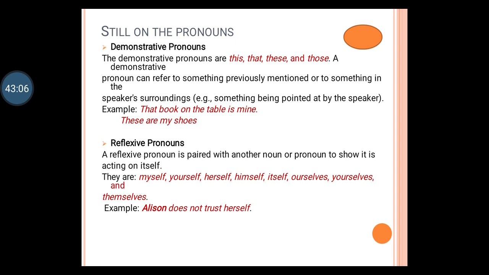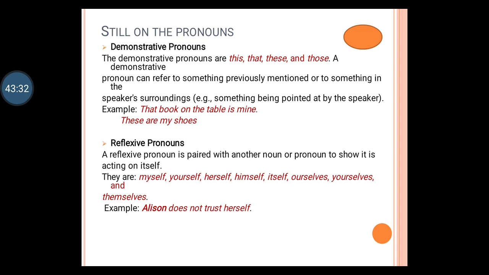That book belongs to my teacher. These books are the books close to me. Not one, plural. These books belong to my teacher because these books are close to me. Those books, meaning those books that are far away, belong to my teacher.